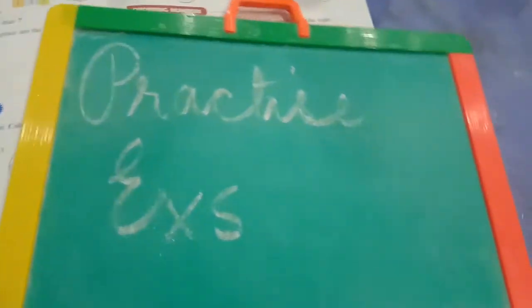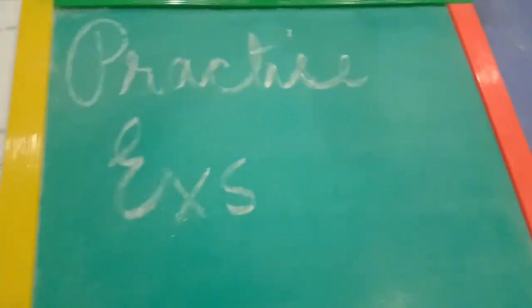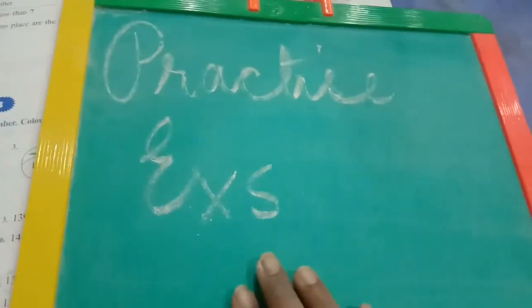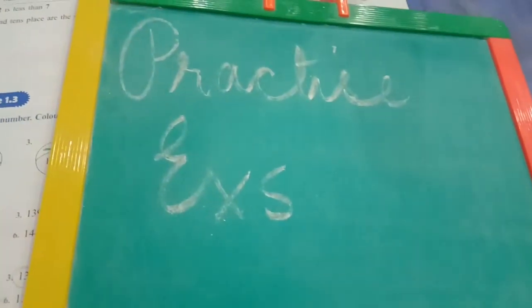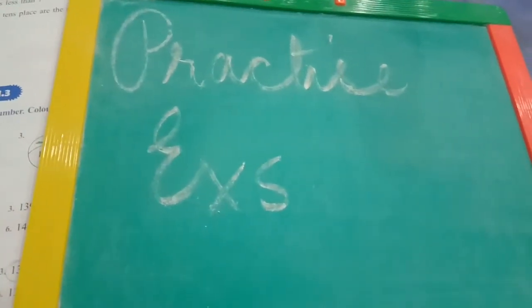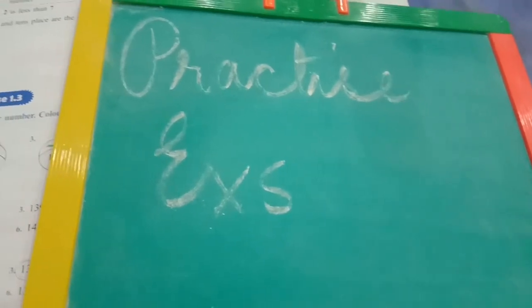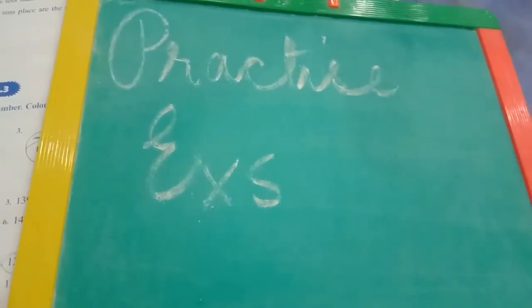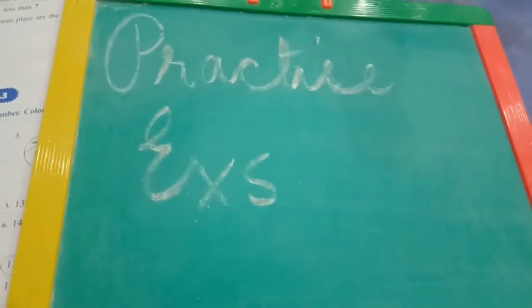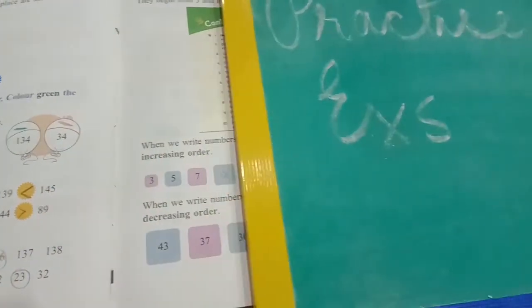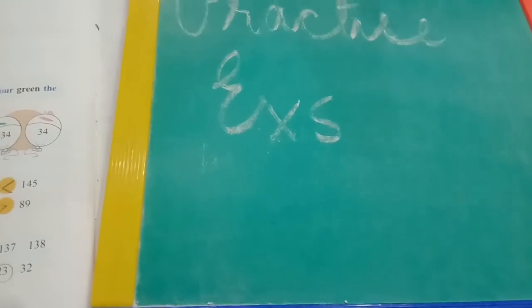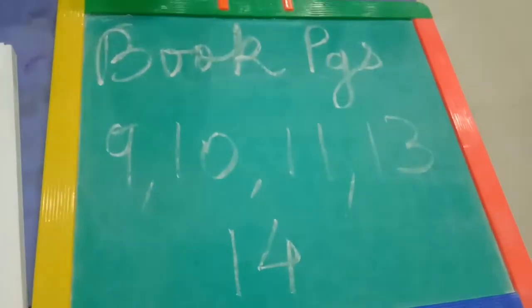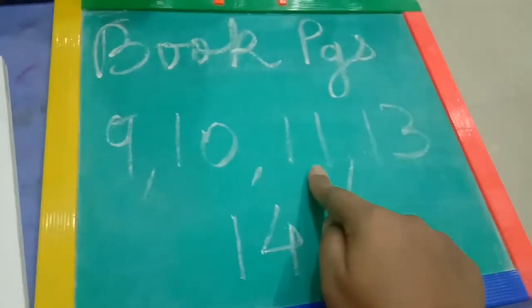Now children, I will be giving you a practice exercise to be done in your copy. You can continue with the previous one which I gave you in the previous class. Carry on writing from where you left. Those who have the test books can do the page numbers. Book pages are 9, 10, 11, 13 and 14.